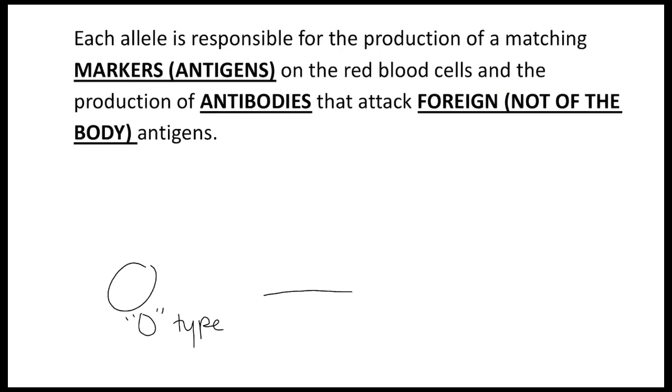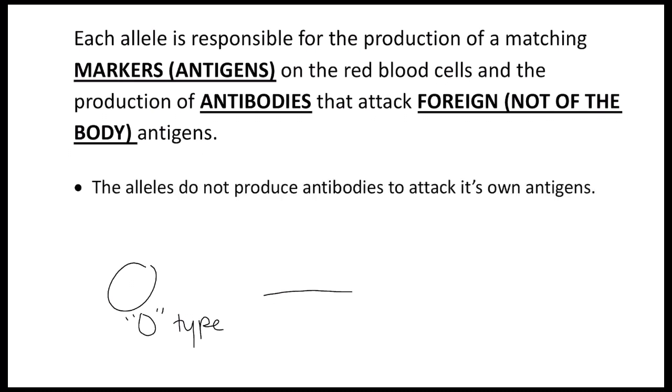So each allele is responsible for the production of matching markers, antigens, on the red blood cells, and the production of antibodies that attack foreign, which just means not of the body, antigens. The alleles do not produce antibodies to attack its own antigens.